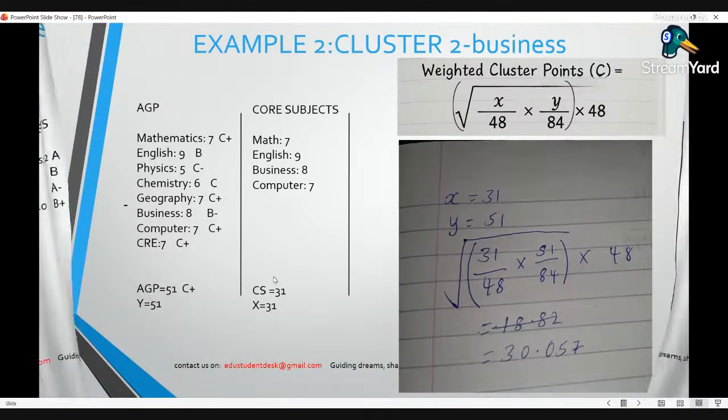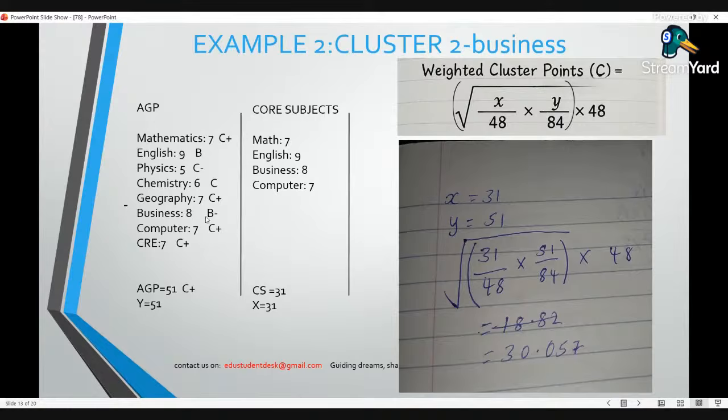In example 2, these are the subjects and the grades that he got, and the core subjects. He wants to do a cluster 2 course, which is business and hospitality related. The core subjects in business related are math, English, and any other 2 subjects.